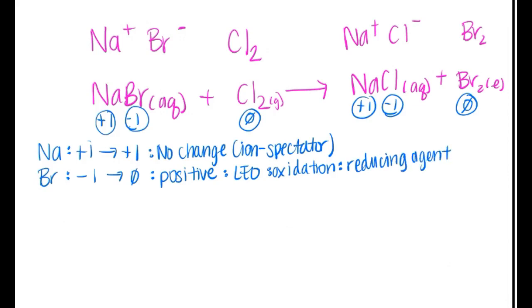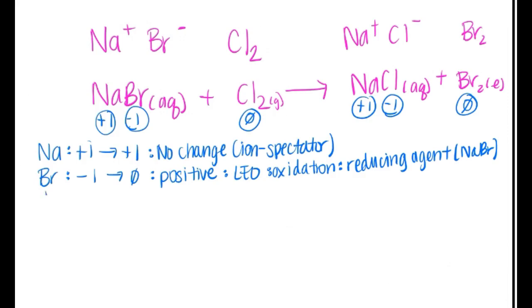Now technically the agents are the full compound, and so we would say the agent is sodium bromide in this situation. You can also say that sodium bromide is getting oxidized. That's fine, but technically if the question's asking you for which element, you should state the element by itself.